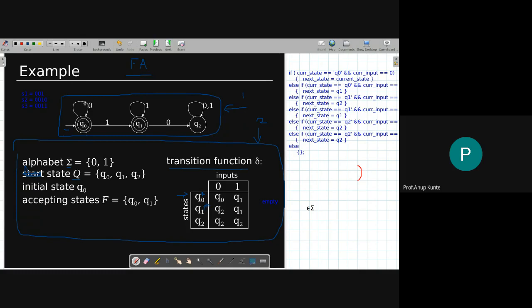Then we know that there are inputs which are marked on this transition diagram. So we know that there is a sigma, which is the set of inputs. The input can be 0 or 1. By looking at all the transition arrows and their labels, I can deconstruct the sigma as 0, 1.